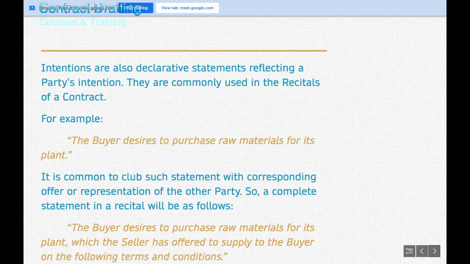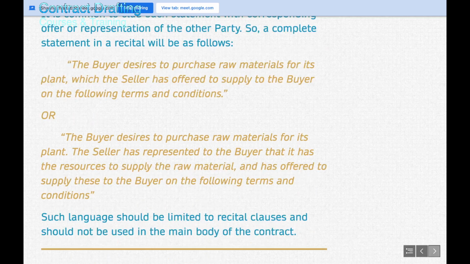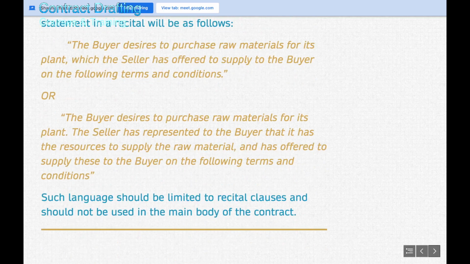So it can be in the form of: the buyer desires to purchase raw materials for its plant, which the seller has offered to supply to the buyer on the following terms and conditions, or the seller has represented to the buyer that it has the resources to supply the raw material and has offered to supply these to the buyer on the following terms and conditions.